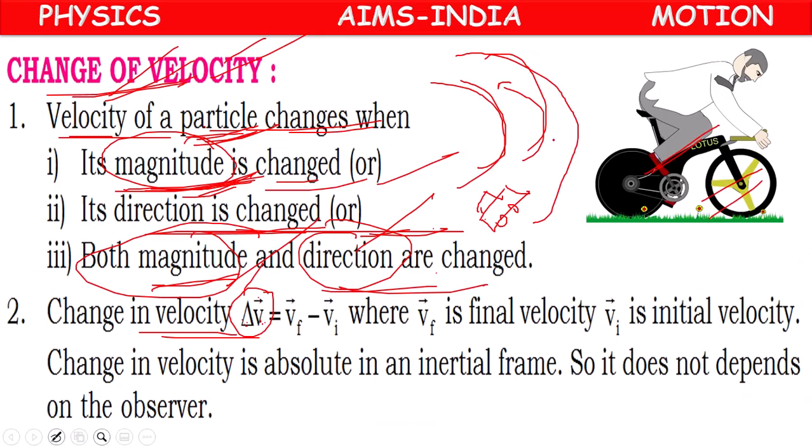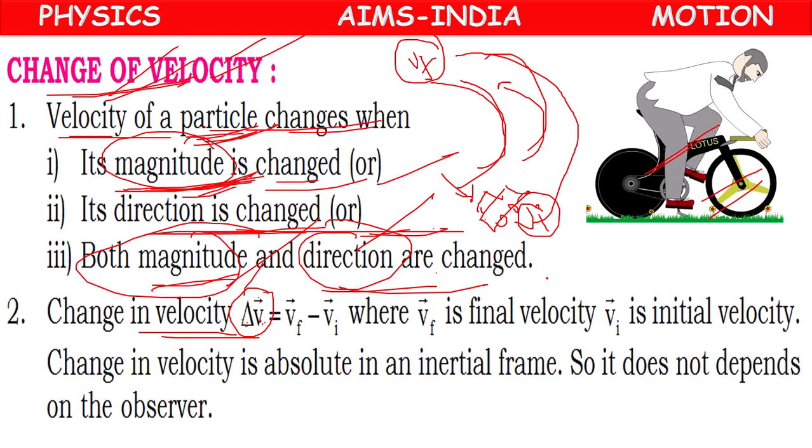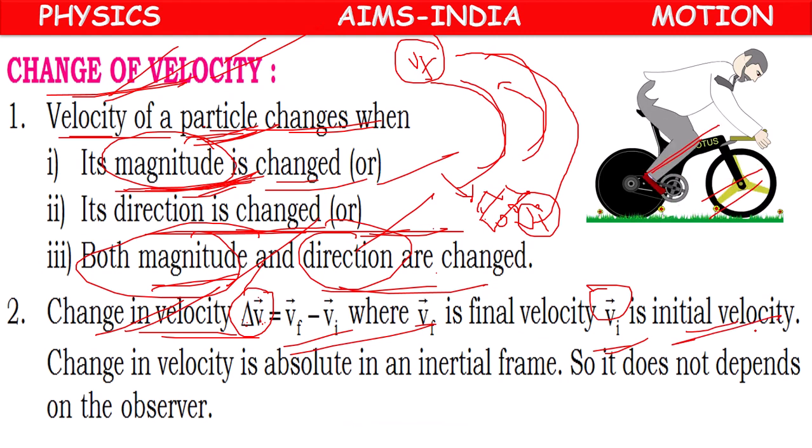The difference we have to take. Before crossing the ring road, what is the initial velocity? Vi. After crossing the ring road, what is the final velocity? Vf. If we take the difference of these two, we will get the change of velocity value.